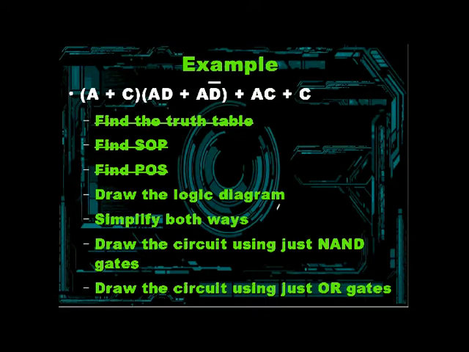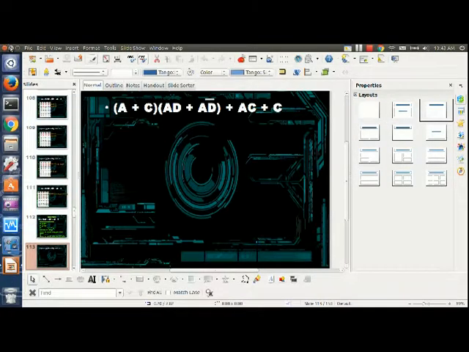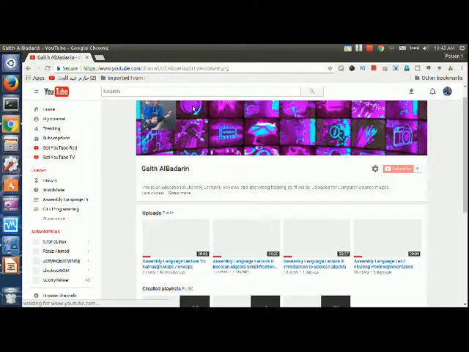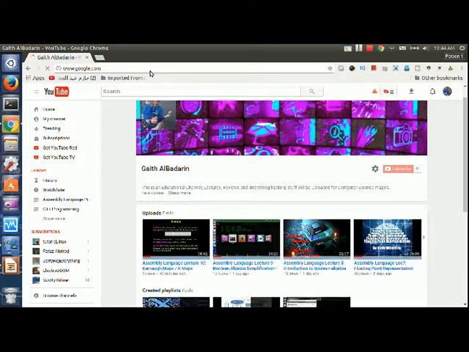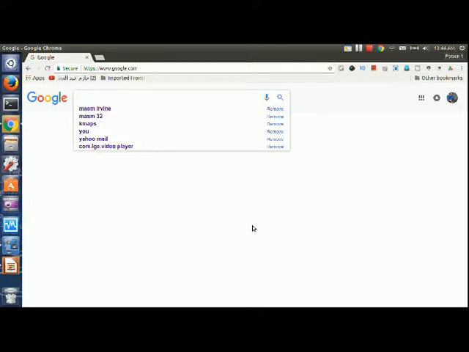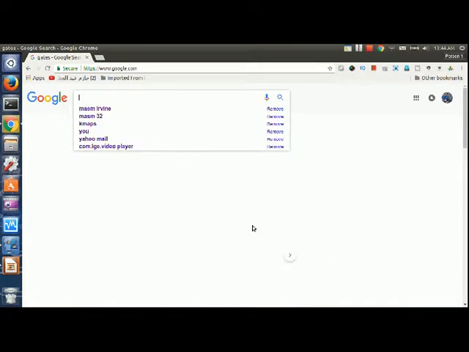Now draw the logic diagram. How do we draw the logic diagram? Remember, we can go online and draw it. Let's see, what do we want? We need our Boolean Algebra simulator.